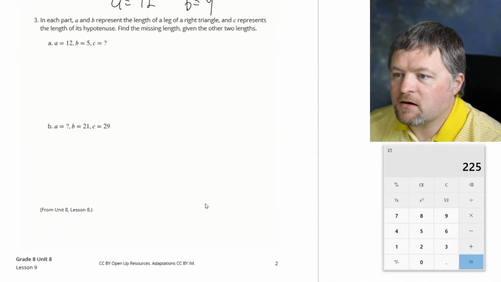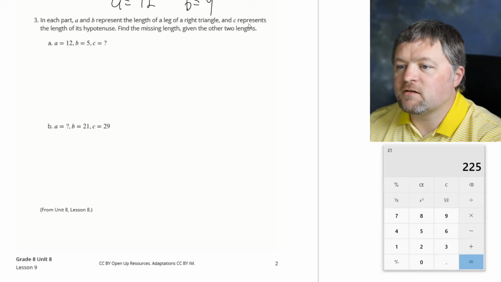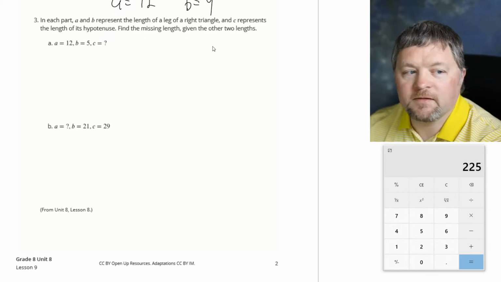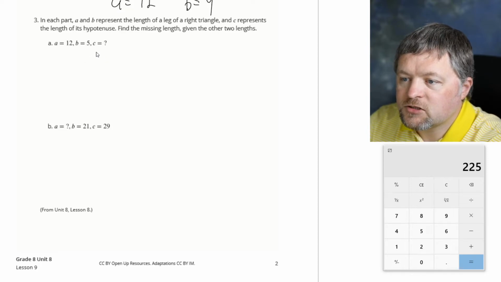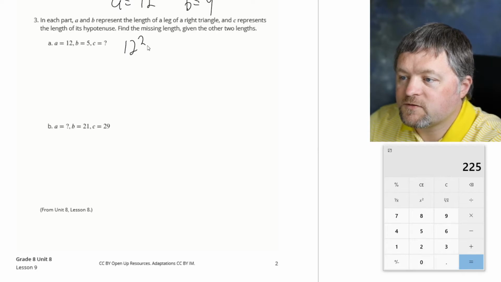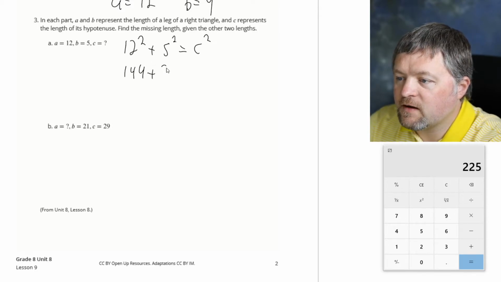In each part, A and B represent the length of a leg of a right triangle, and C represents the length of its hypotenuse. Find the missing length given the other two lengths. So A squared plus B squared equals C squared, so 12 squared plus 5 squared equals C squared. 12 squared is 144. 5 squared is 25.